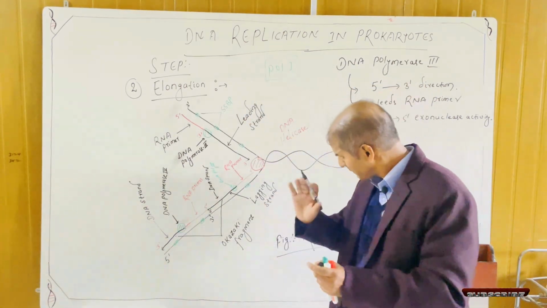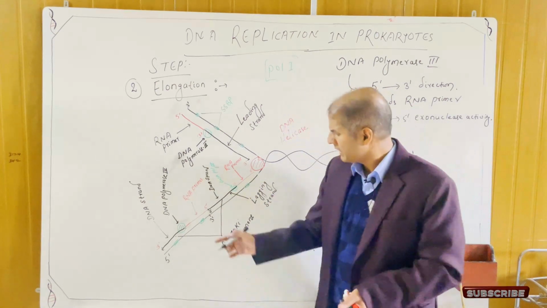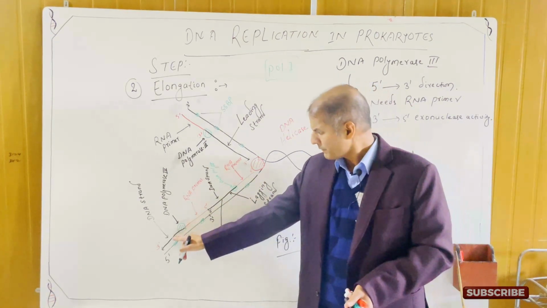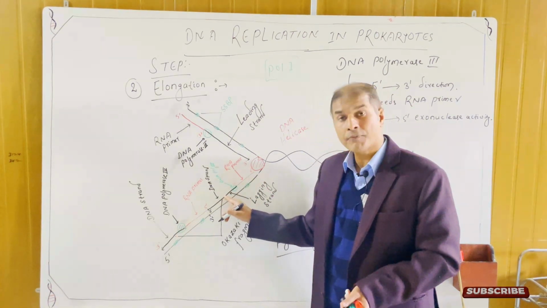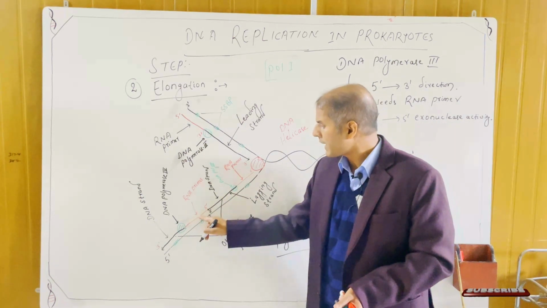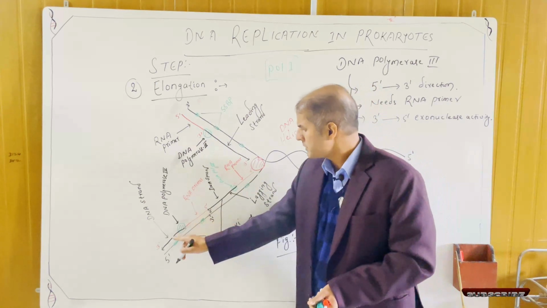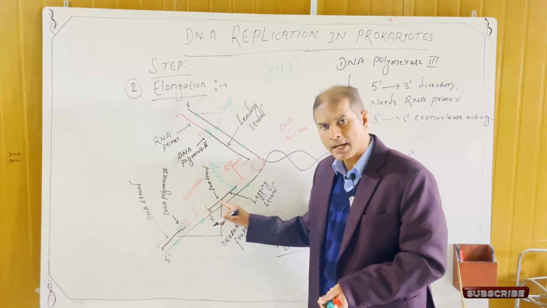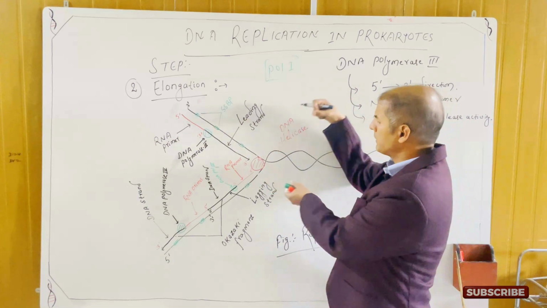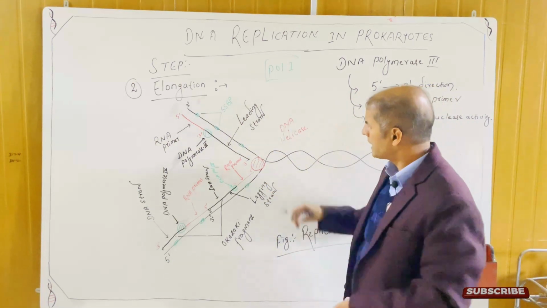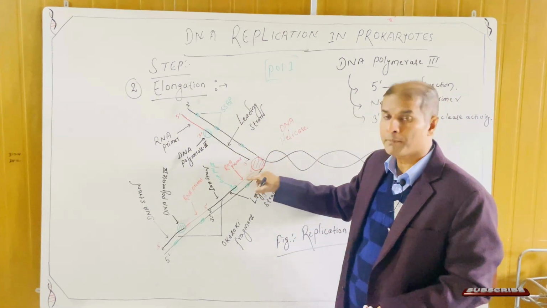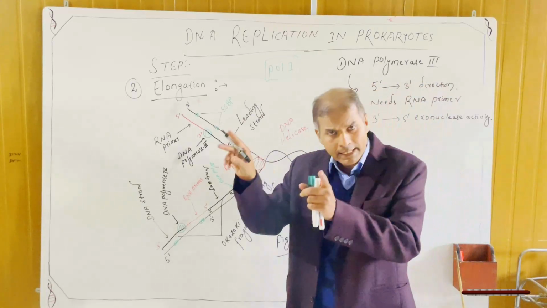Now another problem we can see here is that in between these small DNA fragments, RNA primers are present, isn't it? So one RNA primer is present between these two DNA strands. If helicase opens further more DNA, again this RNA primer will be present between two DNA strands.